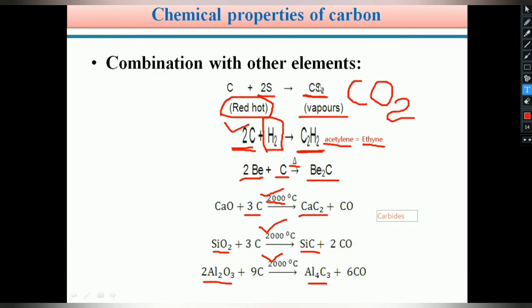So carbon, when treated with the corresponding metal oxides at high temperature, forms carbides. When we treat beryllium metal with carbon at high temperature, it forms beryllium carbide.